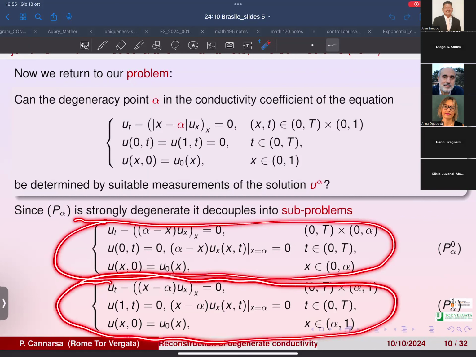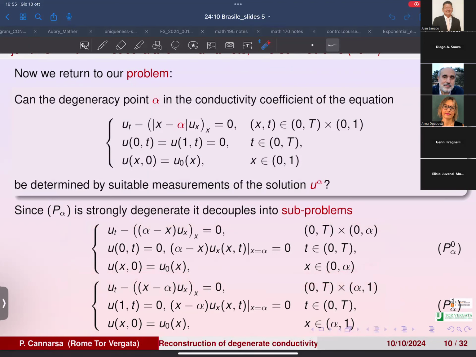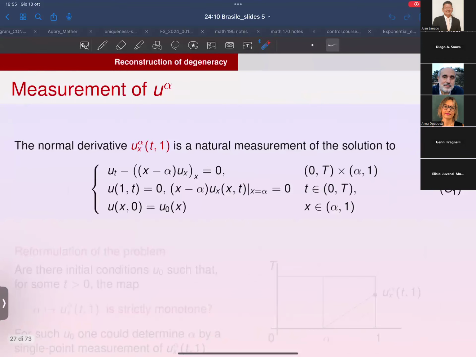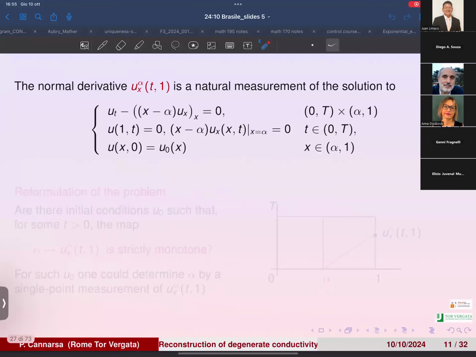So again, we go back to the initial part of the result I described. Let's focus, for example, on the second one. So we have degeneracy at alpha, then we go up to 1, and we want to reconstruct alpha from some measurement. Now, what would be the natural measurement in this case?